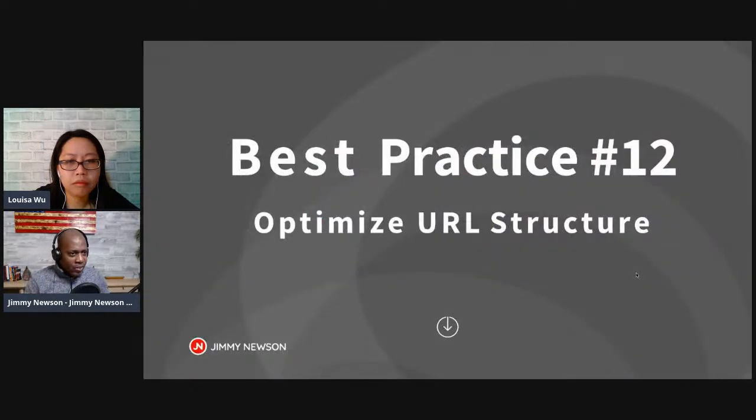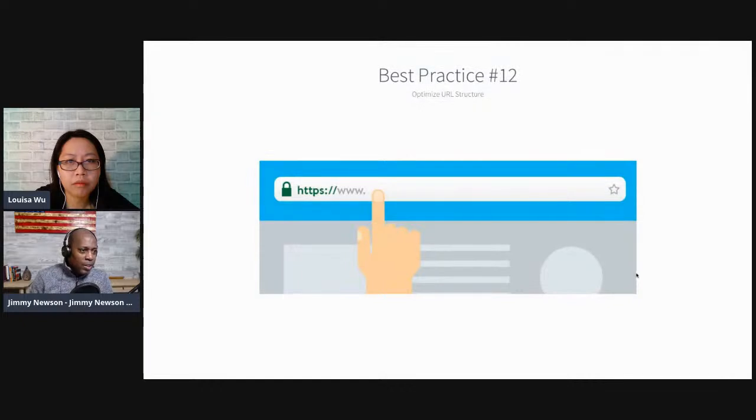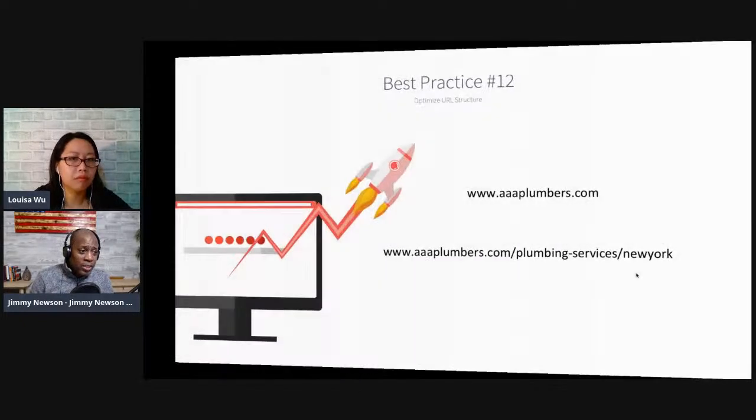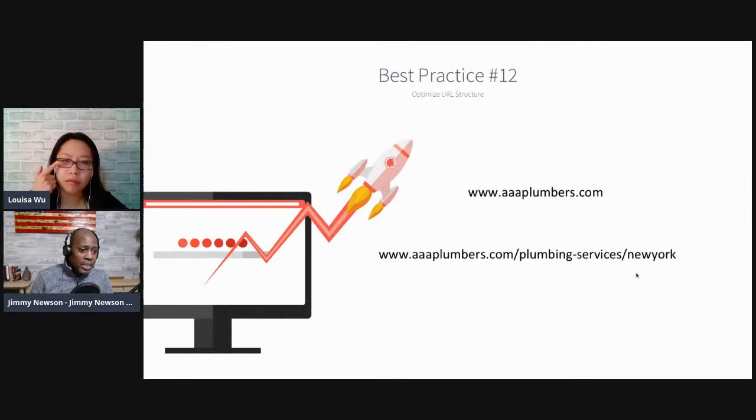Okay. Best practice number 12, optimize the URL structure. This is all about making sure that the URL has your keywords in it. So let's take the website aaaplumbers.com.